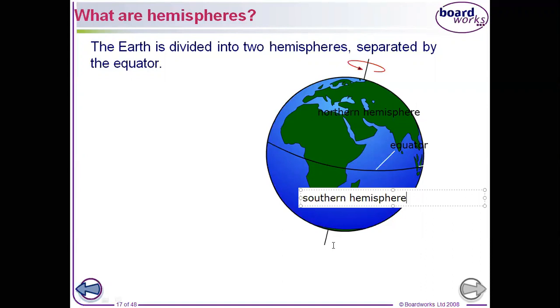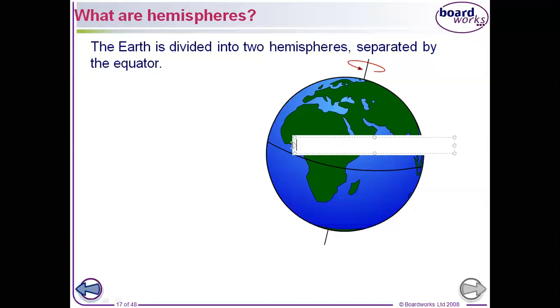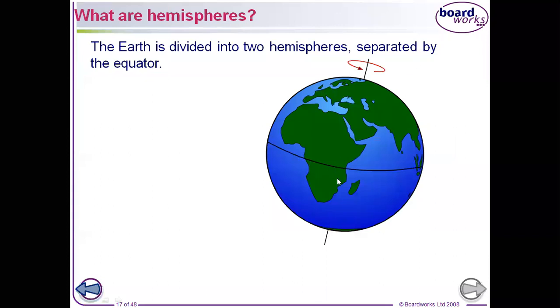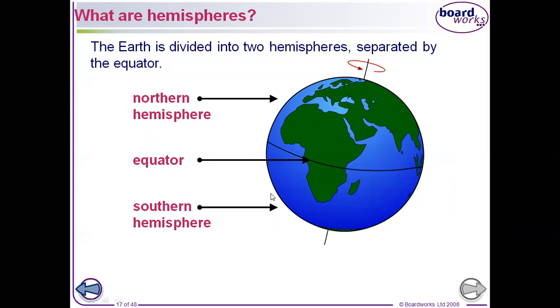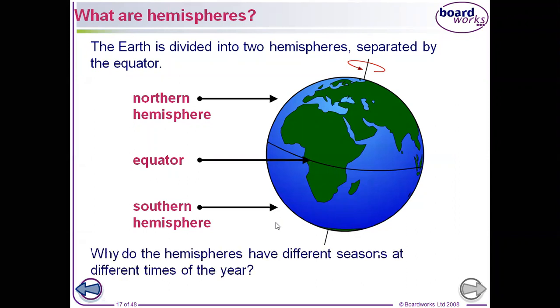Okay, so this is the northern hemisphere, the southern hemisphere, and the equator, the point where it's split. It's cut into two. So we have the north, the equator, and the southern hemisphere.